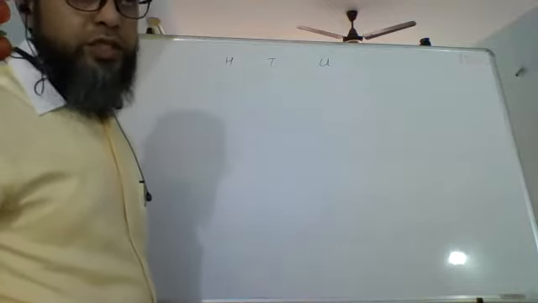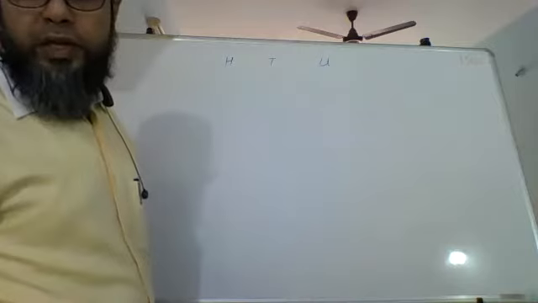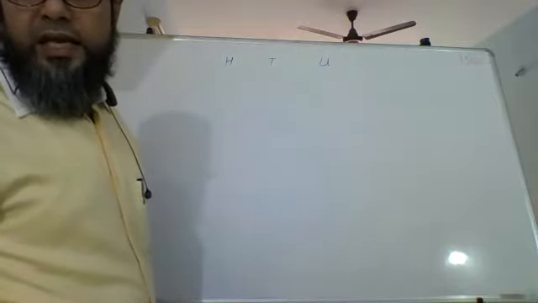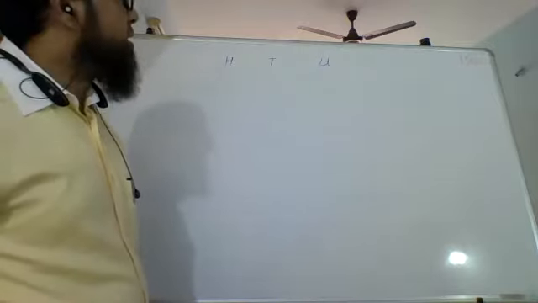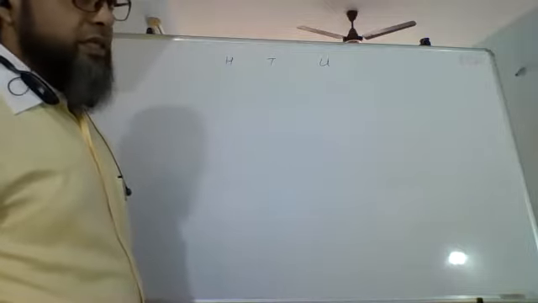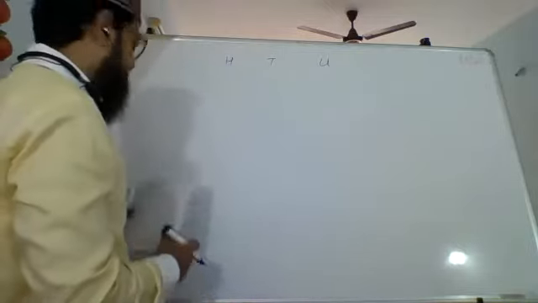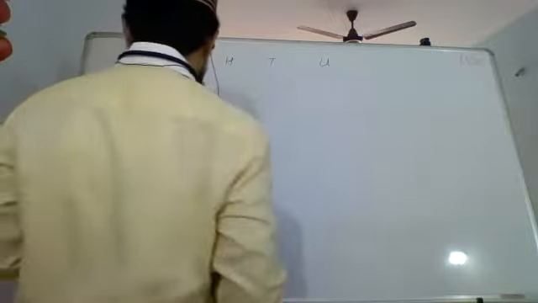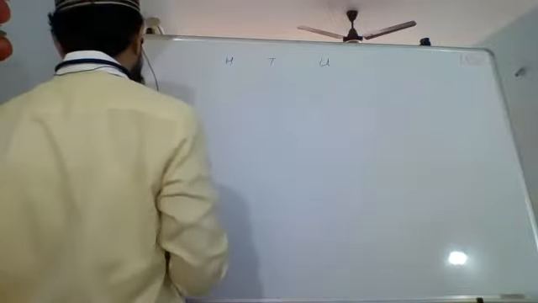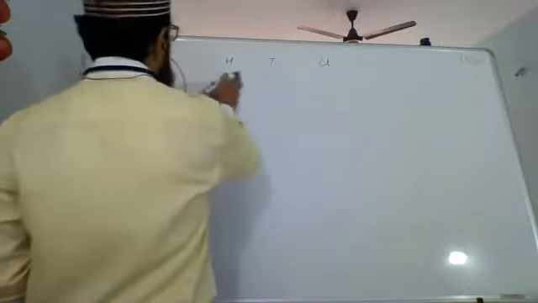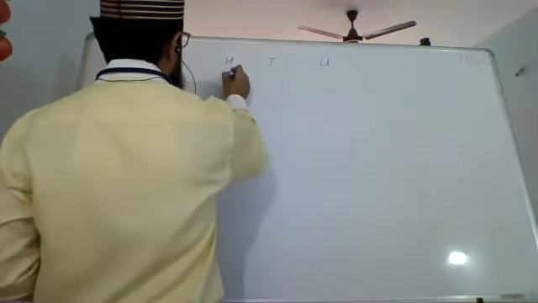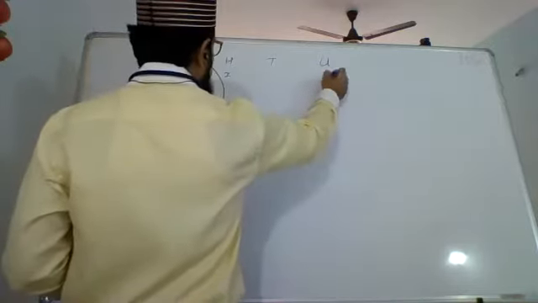So if you read the question thoroughly, you'll see it says something about the middle digit. The sum of the extreme digits is less than the middle digit by unity. So इसको हम let's say x लेते हैं, इसको हम y लेते हैं.